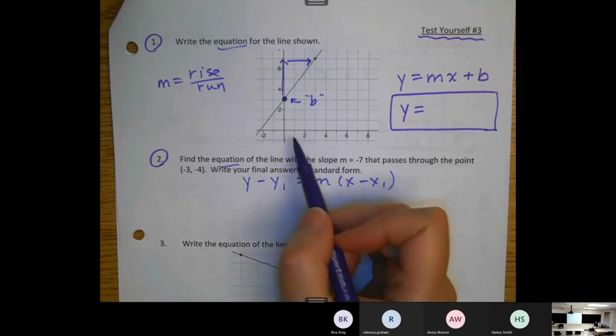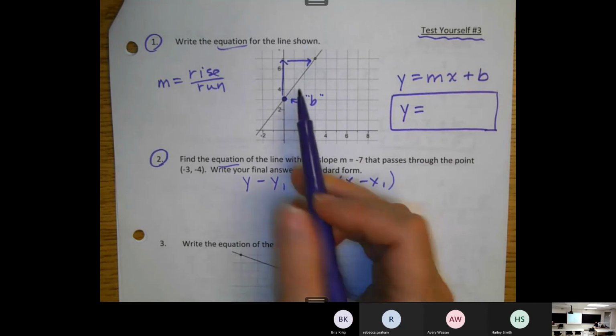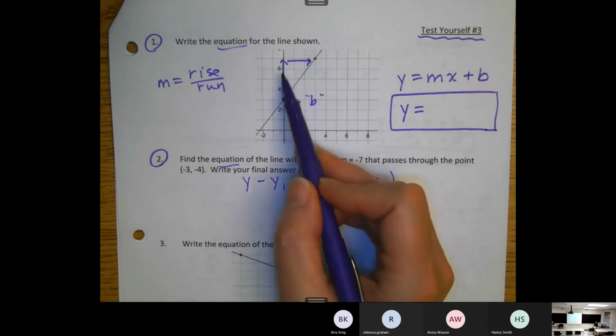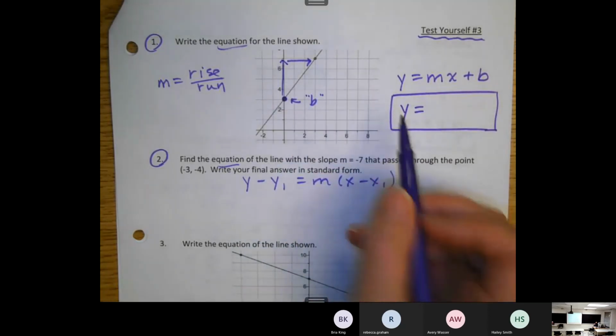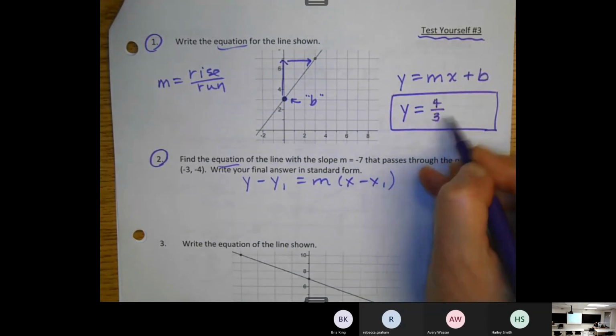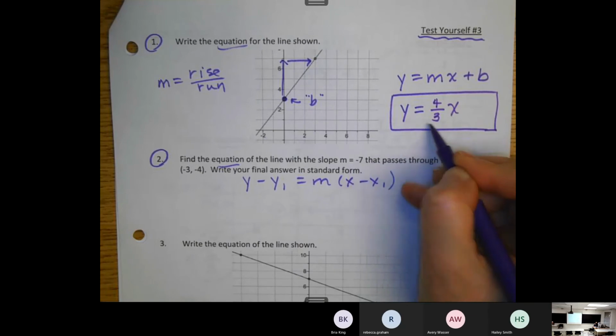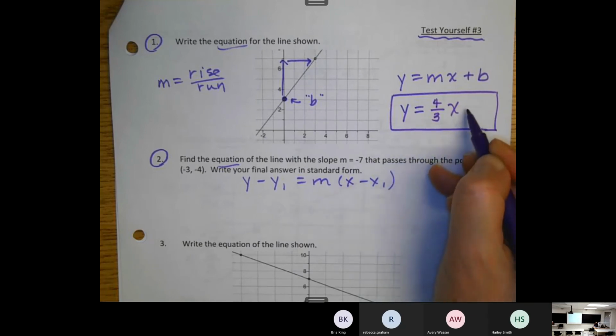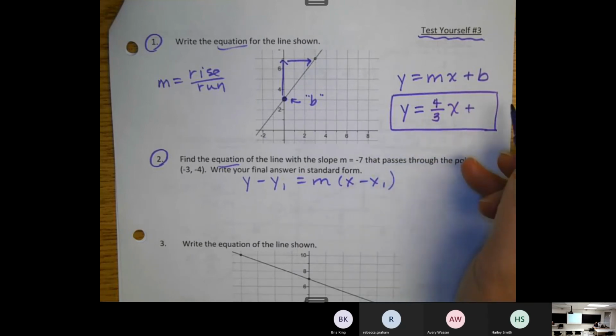So how about number 1? Could anybody help us out with the slope? What did you get when you counted it up and over? 4/3. Sounds great. So y equals 4/3 x will get us started, plus, where does this line cross the y-axis?